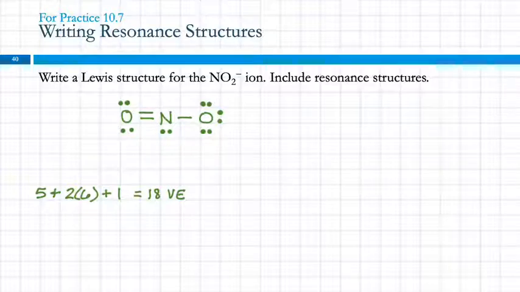Okay? Now the oxygen counts 2, 4, 6, 8, because each bond is 2 electrons. And the nitrogen counts 2, 4, 6, 8. And this other oxygen is still fine, 2, 4, 6, 8. Yay! There we've got it, and it's a polyatomic ion, and so we do need to indicate the charge.